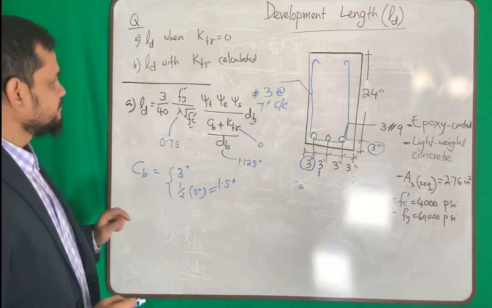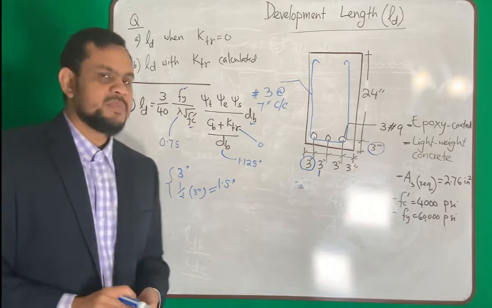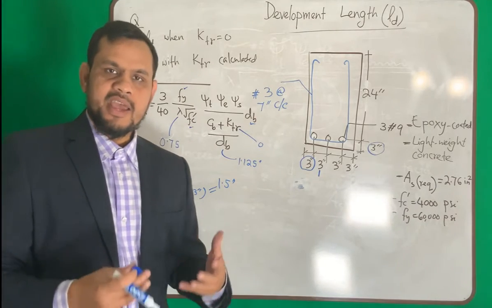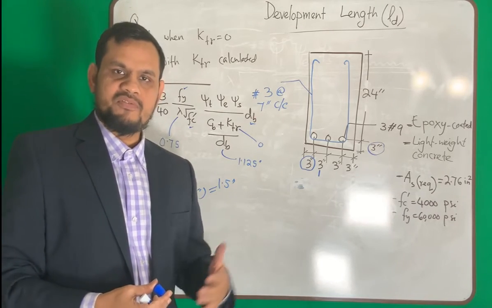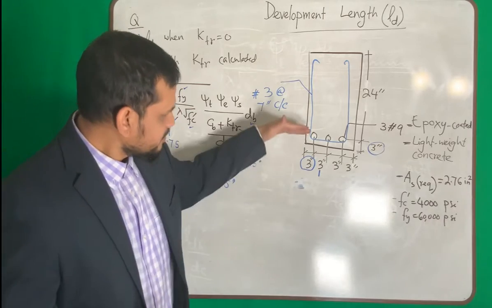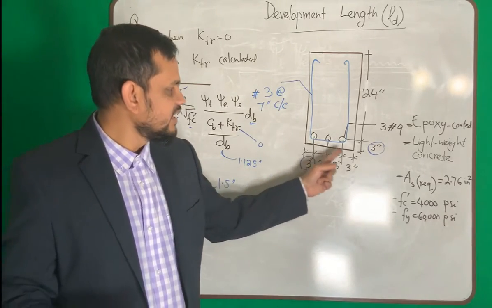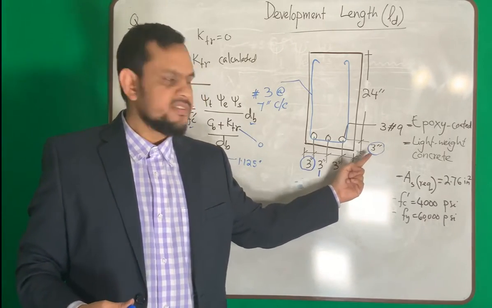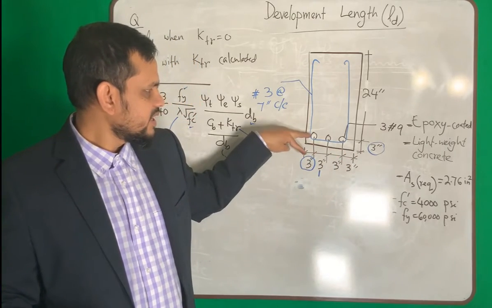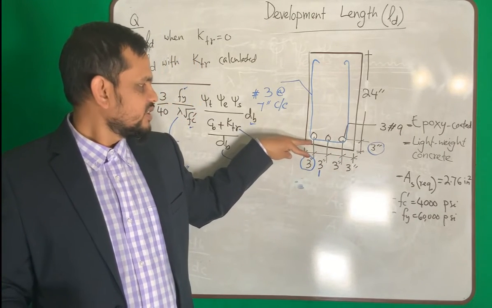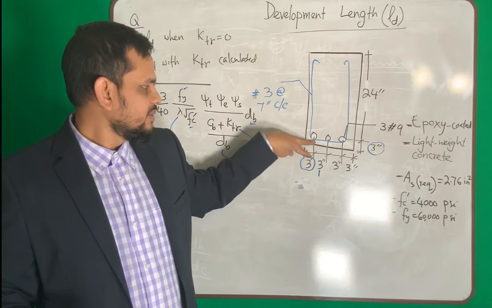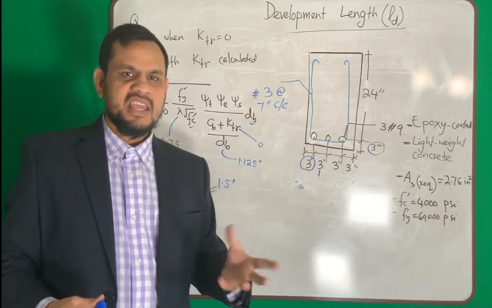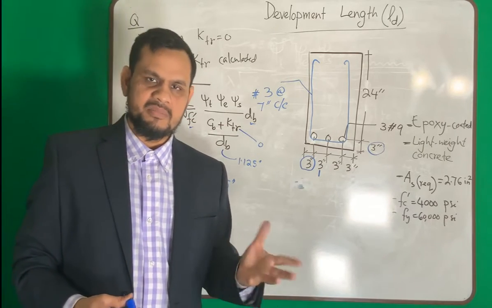So CB is done. Psi T, reinforcement location factor. If I have more than 12 inches of concrete below the bar, but below the bar I have only very small, 1.5 inch or something, because from center to here is 3 inch. So the concrete here will be about 1.5, 1 something.